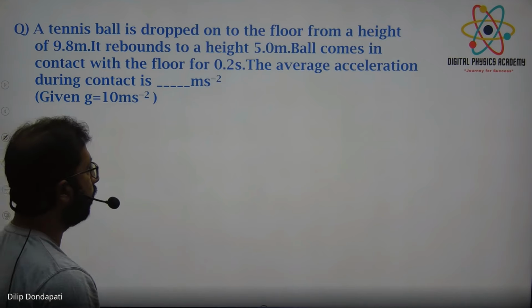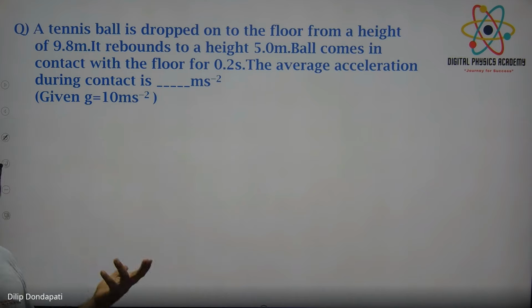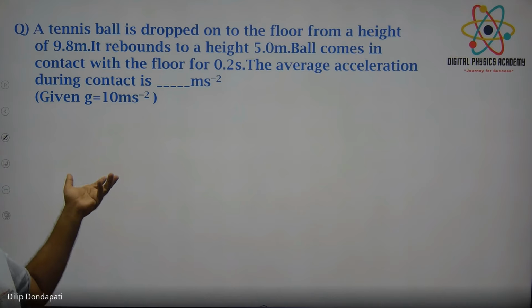So average acceleration during contact means when it's on the ground. मतलब कितना acceleration होगा contact करके जा रहे हैं ना. What is acceleration formula? Change in velocity by time. वो time use करेंगे. Change होने में कितना time लगा, that is called acceleration, right?